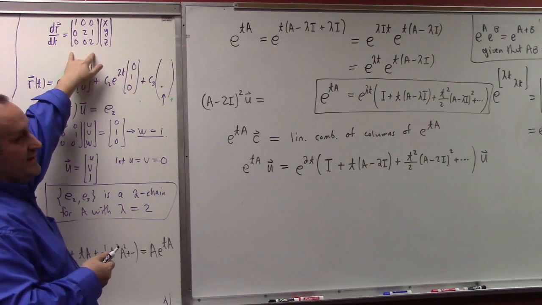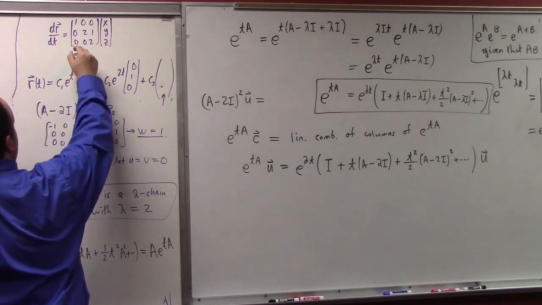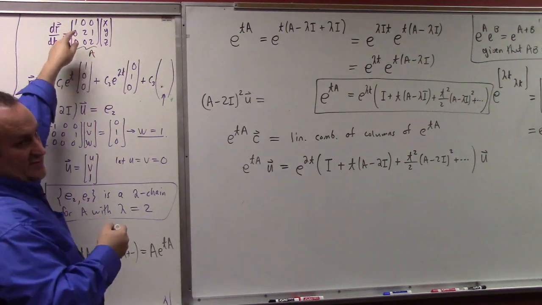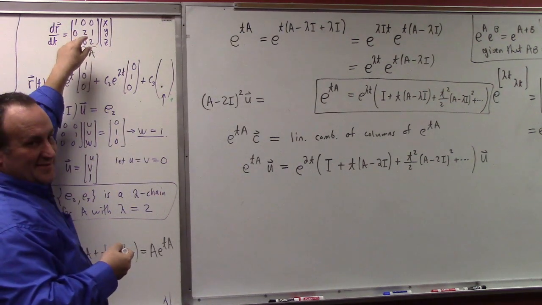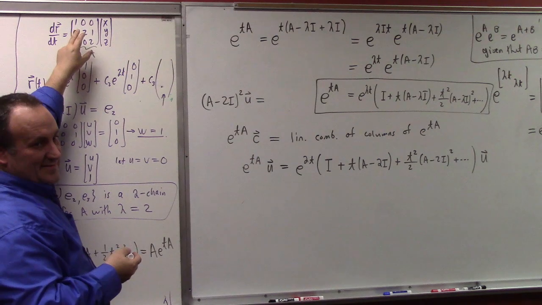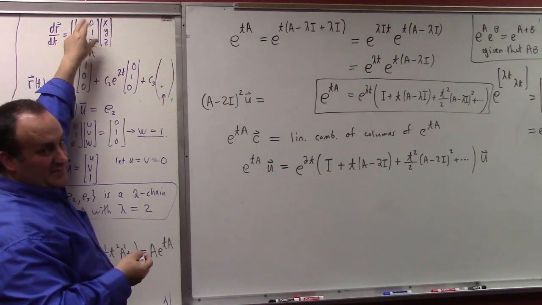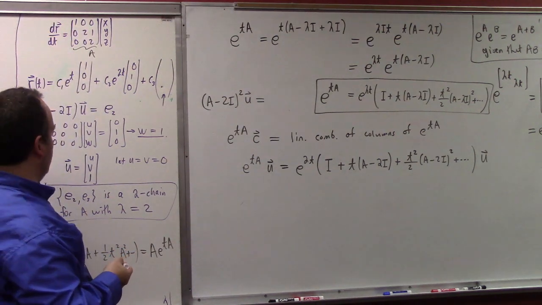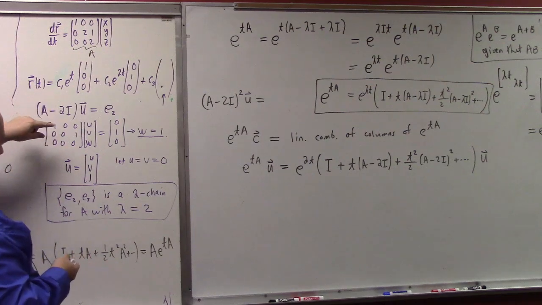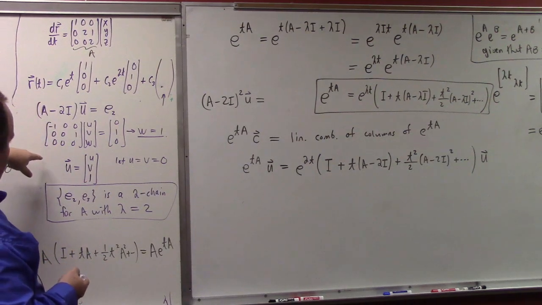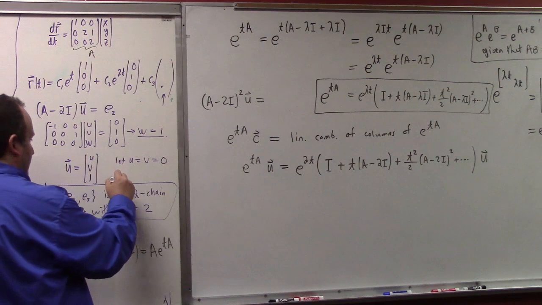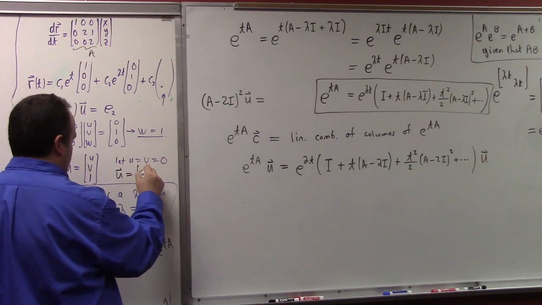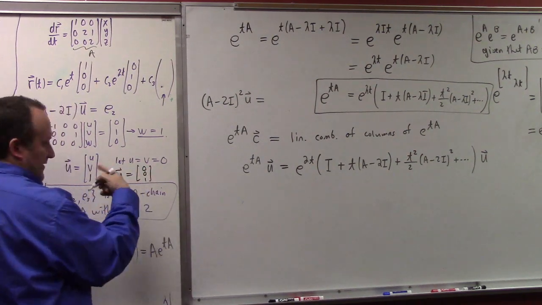If I subtract 2 times the identity from my A matrix, and I square it, that piece goes to 0, right? So my u vector explicitly was 0, 0, 1. That's what we figured.